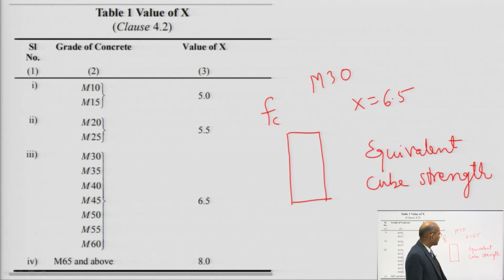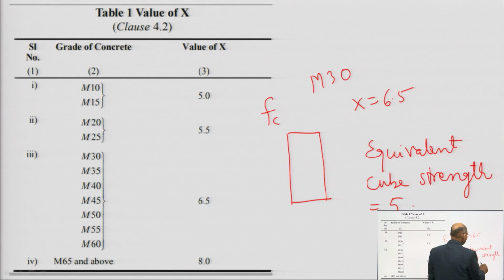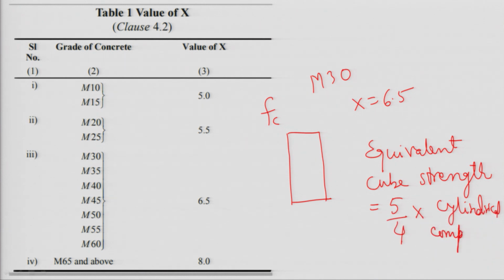The equivalent cube strength is 5 by 4 times the cylindrical compressive strength, as given in the code.